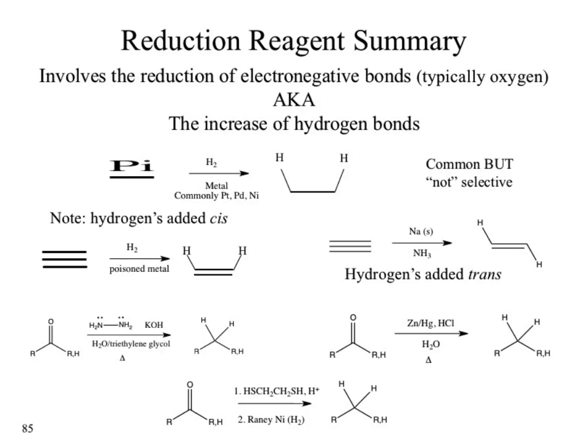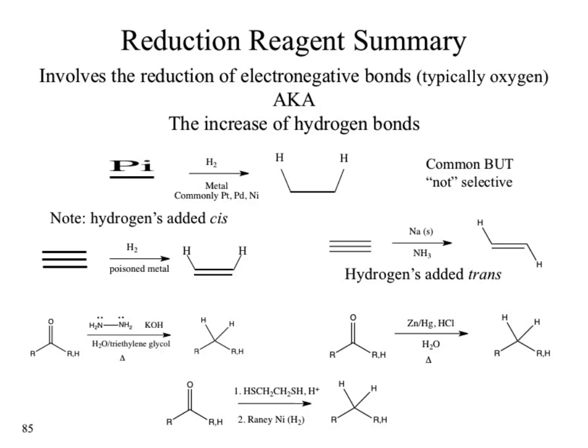Would our carbonyls react with hydrogen gas and a metal, platinum, palladium, or nickel? Yes. They will go through and force a reduction with those. Those platinum catalysts are exceptionally not selective, and they will add hydrogen across the pi bond.